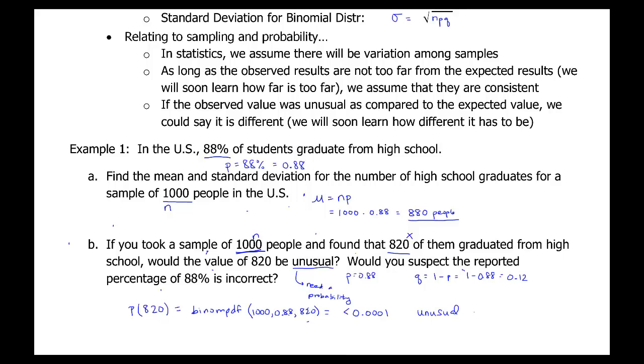But would you suspect the reported percentage of 88% is incorrect? 820 out of 1,000 or 880 out of 1,000 to get 88% doesn't really seem like that much of a difference. So I wouldn't suspect that that number is incorrect.